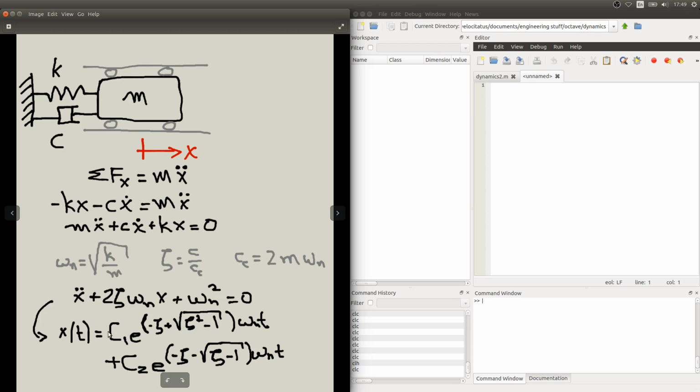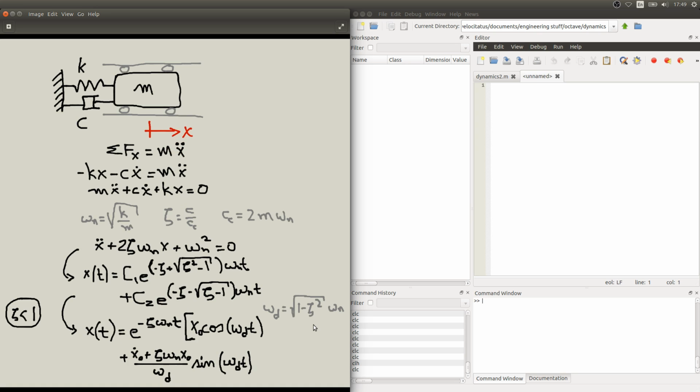And to solve for these constants c1 and c2, so to define it completely, we have to remember that we have three cases that can happen with this damping factor zeta. First, it can be less than 1, or between 0 and 1, and that's what we'll call the underdamped solution.